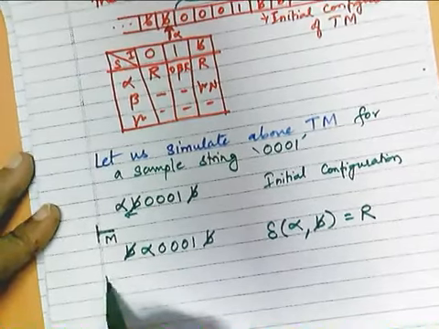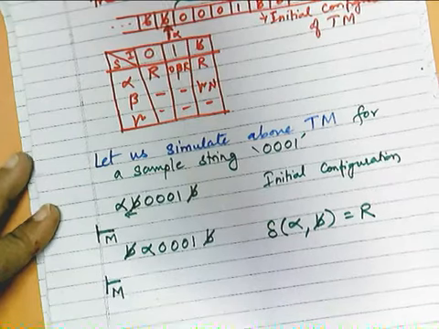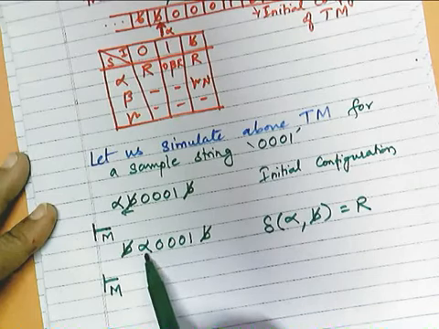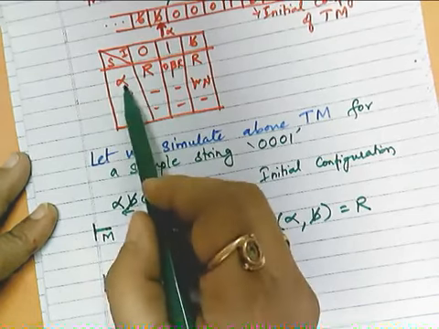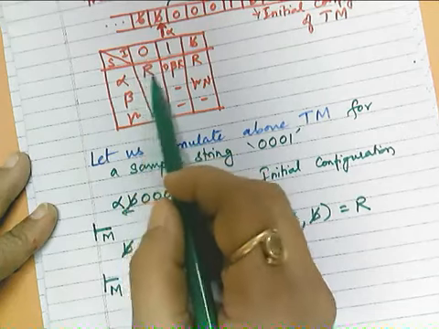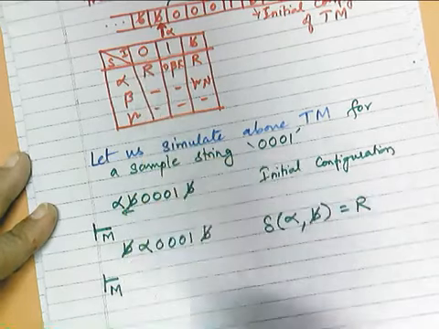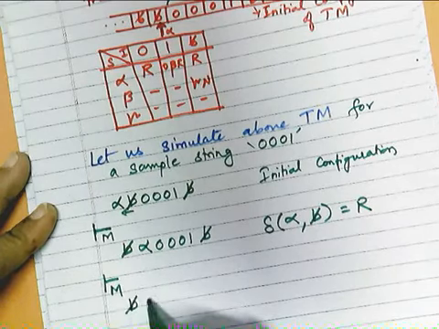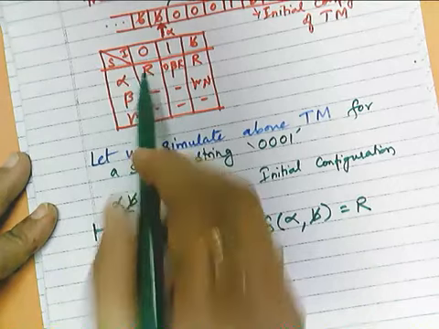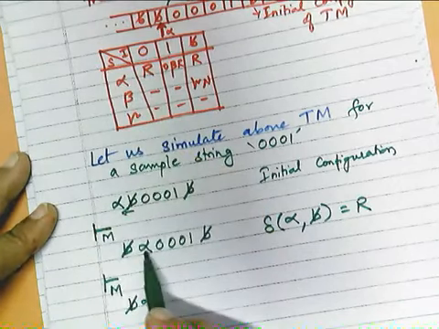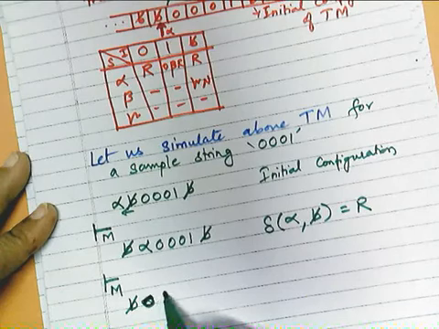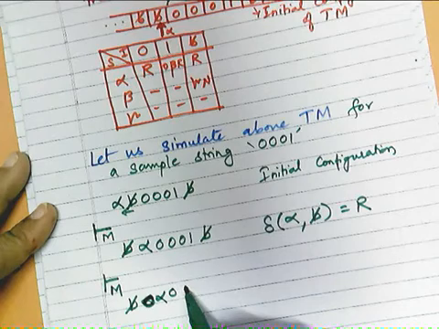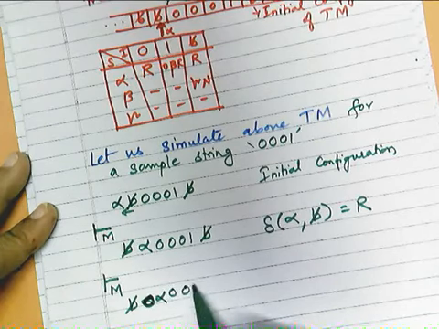Next, this is now acting as the current ID. Now we read 0 with the current state alpha. What happens? Again it moves towards the right. So the next ID will appear like this: alpha moves before the next 0 to be read, so blank, 0, alpha, 0, 0, 1 and blank.